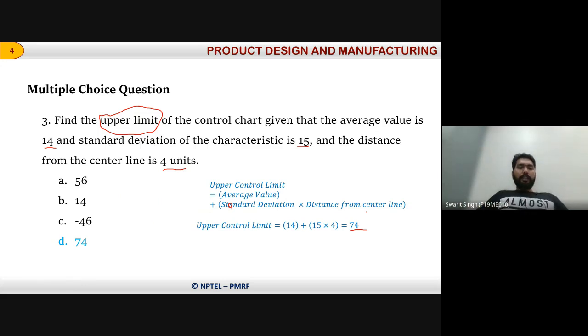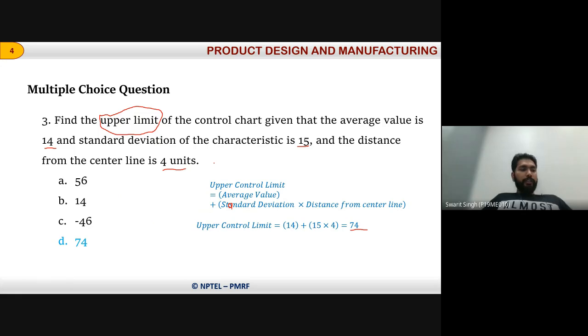So what I request you all is to write down these given values, because we are going to use them again in the next question. The given values are: average value is 14, the standard deviation of the characteristic is 15, and the distance from the central line is 4 units. Kindly note them down on a paper.